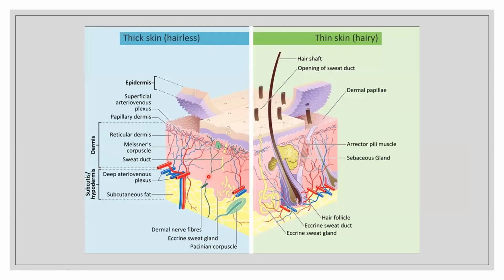You can see there are no hair follicles in thick skin, but there are many vessels and also sensory nerve endings present in the thick skin. While the thin skin is hairy, it has hair follicles, and the vessels are fewer compared to the thick skin.